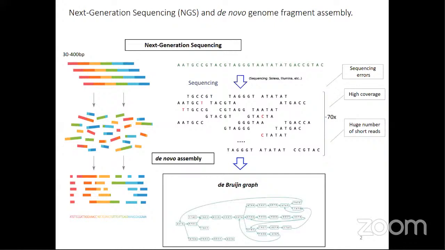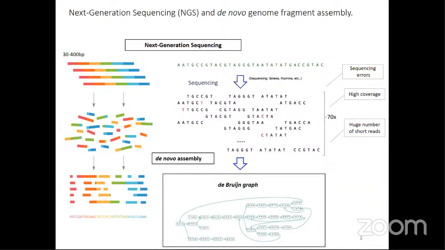To obtain a representation of the complete genome from these reads, computational methods have been used, in more complex cases where there is no reference genome, which is known as de novo assembly. In that case, the Bruijn graph data structure has been widely used.